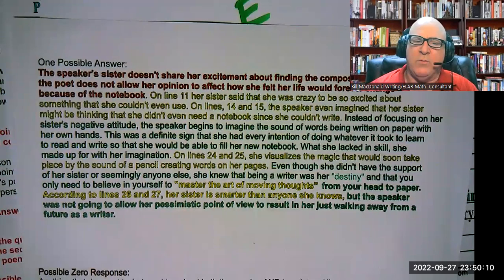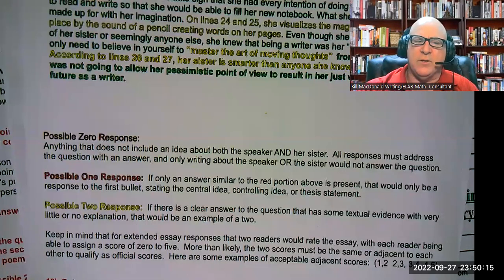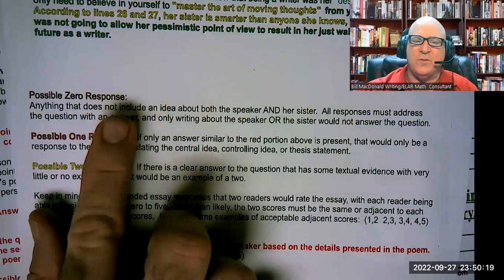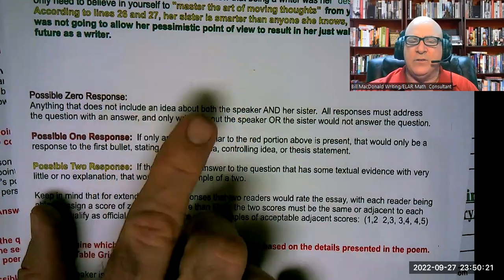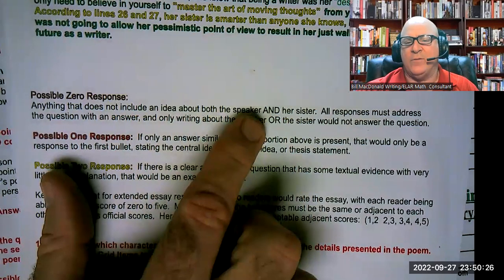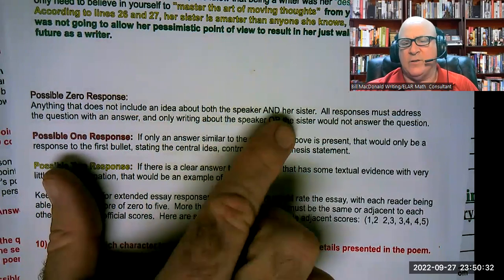Because I wanted to make sure you had some other examples, a possible zero is anything that does not include an idea of both the speaker and her sister, because it did mention the attitude of the speaker, and then the second part of the topic, her sister, how it affected her sister.